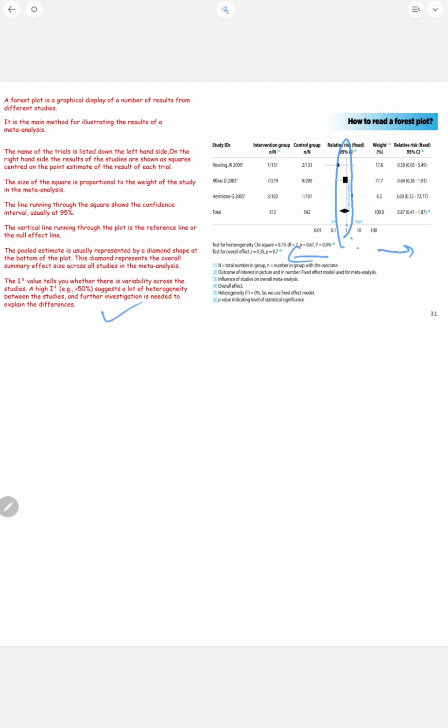The I value talks about heterogeneity, and we said anything greater than 50% means lots of heterogeneity between the studies, and further investigation is needed to explain the differences. Yeah, I think that's everything. Oh yeah, finally, the diamond, right? We talked about this. This is the overall effect.